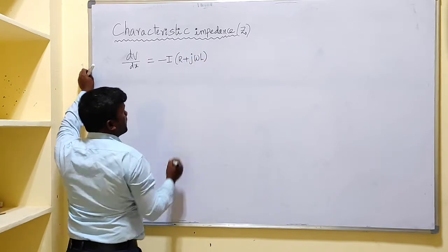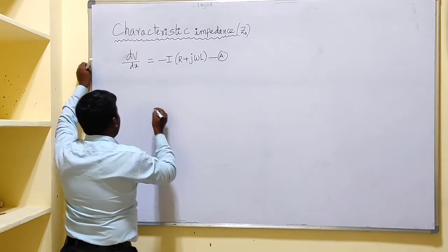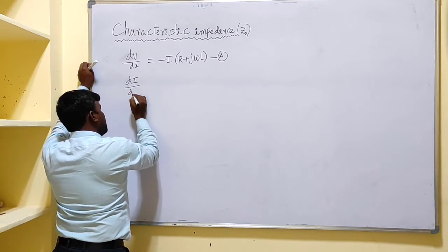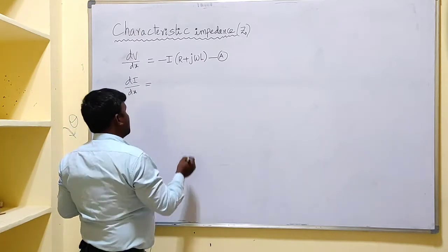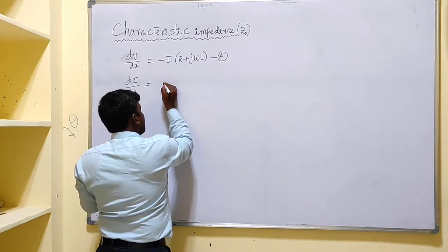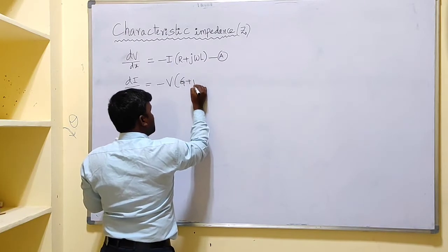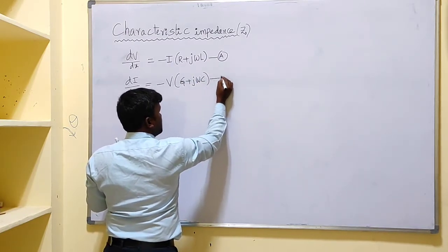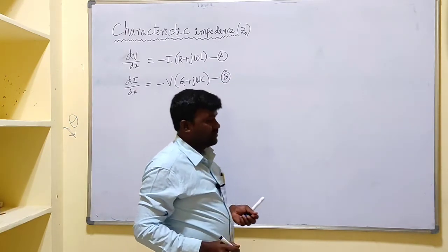We derived this as equation A. The next equation is dI by dx equal to minus V into (G plus j omega C). This is equation B. Already we derived these in the previous video.